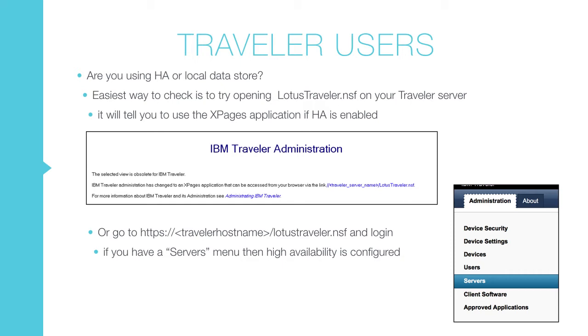And if you have a servers menu when you log in, as I'm showing on the right there, then you have high availability configured. Because with high availability, we have more than one Traveller server, so we'll see multiple servers there. If you've just got a single standalone Traveller server, that servers menu will be missing.